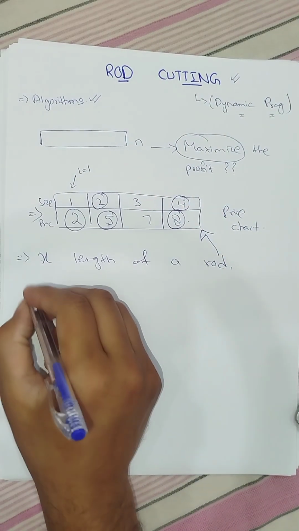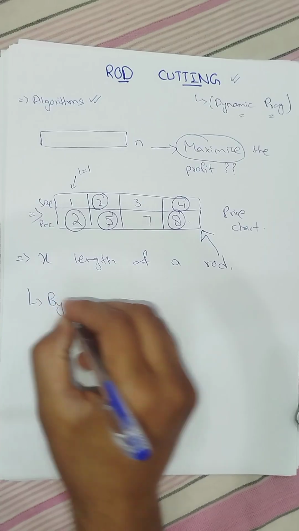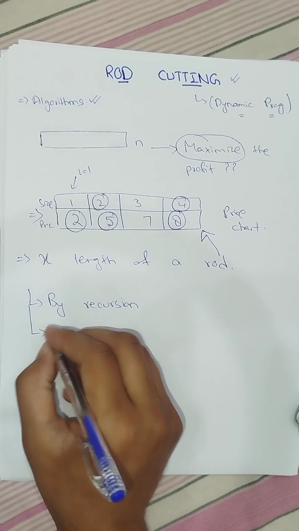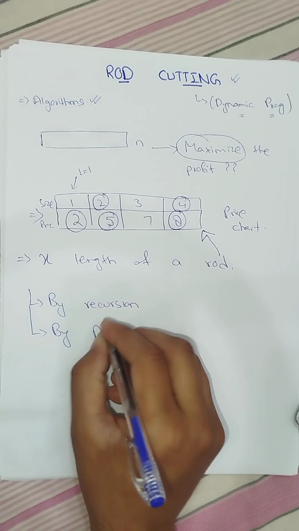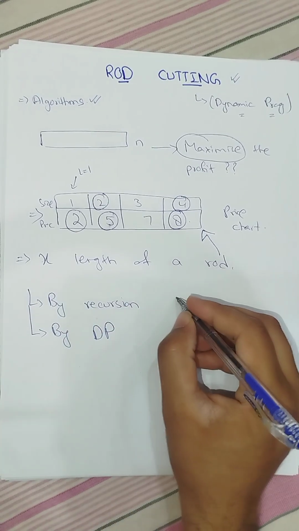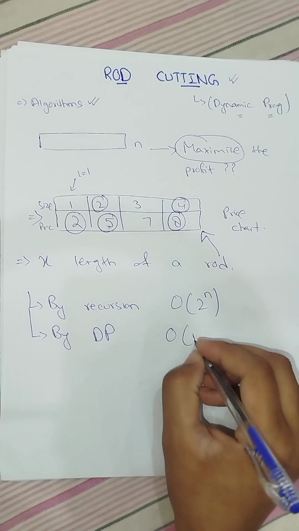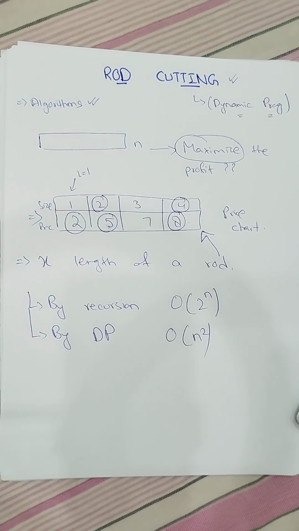So it has basically two approaches. Number one is by recursion, and the other one is by dynamic programming. The recursive approach takes O of 2 raised to the power n, but this takes O of n square. Okay?